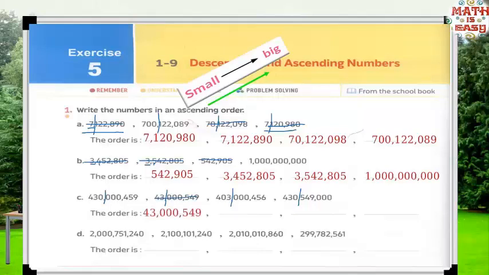After that we have 430 and 403. 403 is smaller than 430, and 430 goes here. Now I have only two numbers, the first and last number. Which one is smaller? Here we have 0 in the 100,000 place and here we have 5 in the 100,000 place. That means this number is smaller, and the biggest number is here.